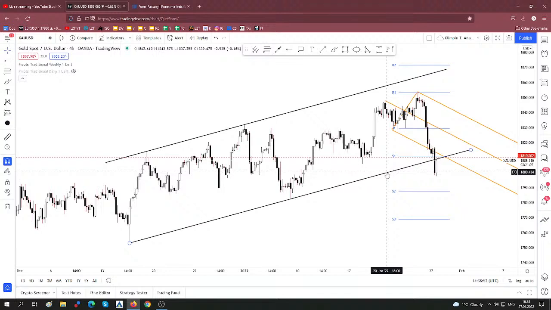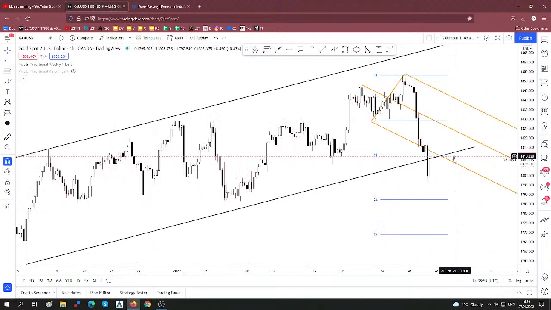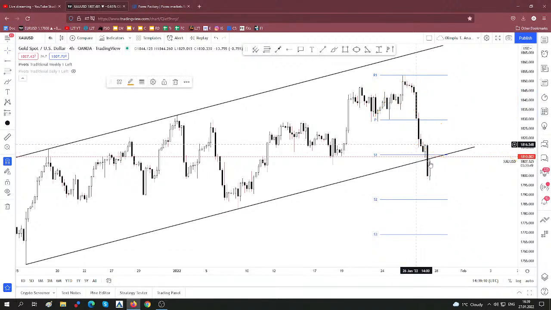Earlier today I told you guys that maybe I will look for longs if the price stays above 1810, this static support, and also if it stays inside the descending pitchfork body and above the uptrend line.